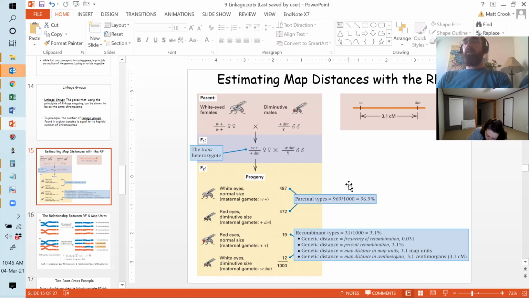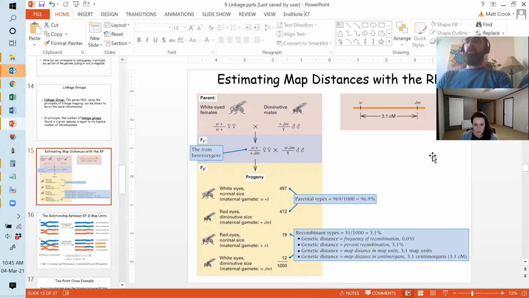And so that's telling you that the probability of recombination occurring is much lower. We know that the probability of recombination is random and determined by distance. And so the distance must be smaller. And when you work that out, and we're just going to finish this up before ending for the day, we divide, what's that, 31 over 1,000.